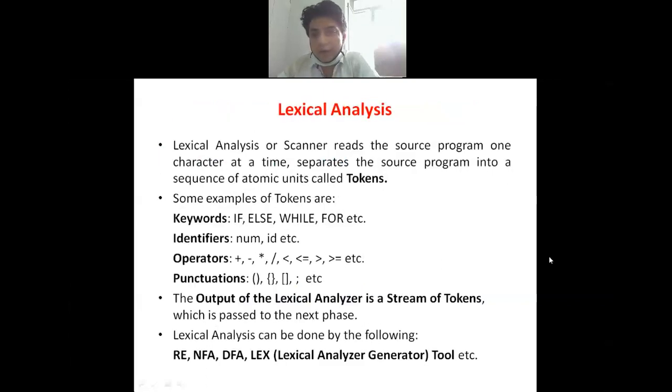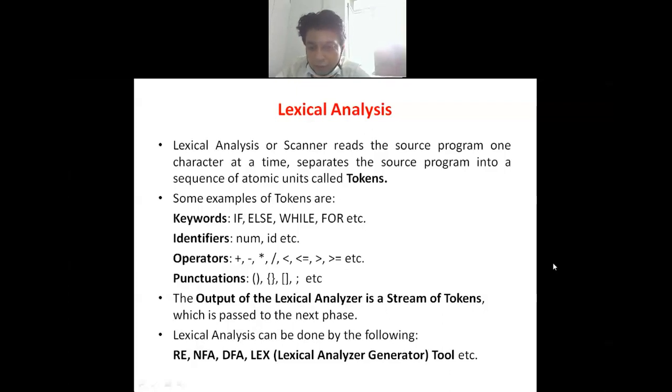Now, we are going to discuss each and every phase of the compiler. So basically, the phases of the compiler is a very broad question, and it comes in the examination for 15 marks.